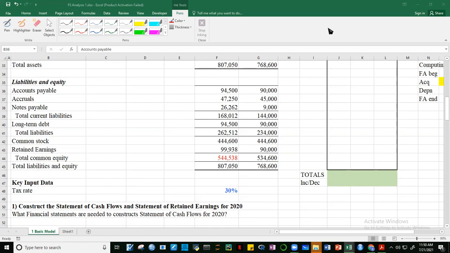I-convert yan into a computation and then makukuha ng company yung bill nila. So yung electricity, nagamit na, but it has not yet been paid. Magko-commence lang yung payment pag nabigay na yung statement, tapos may nakalagay doon na due date. So accrued expense yan.